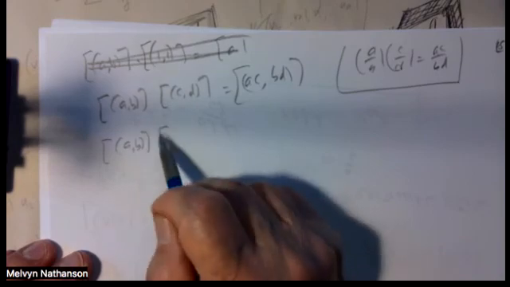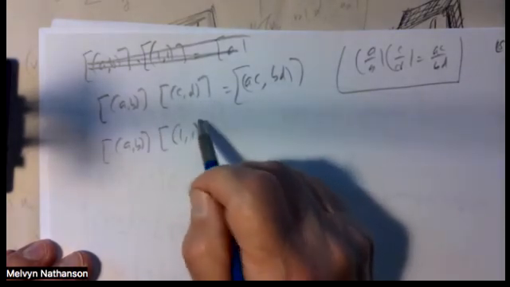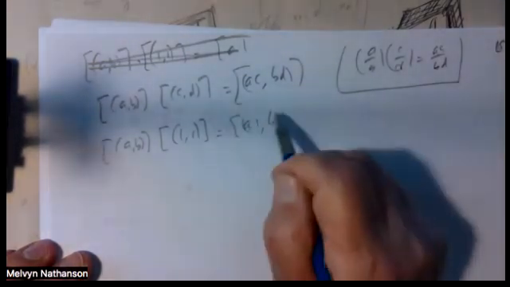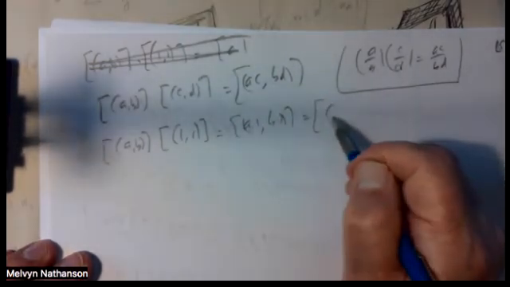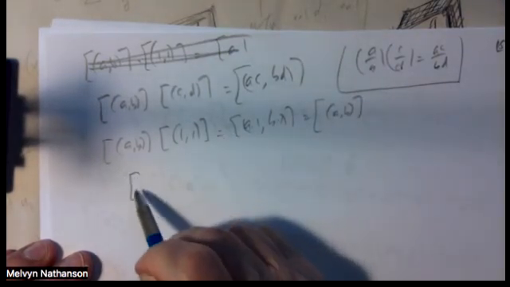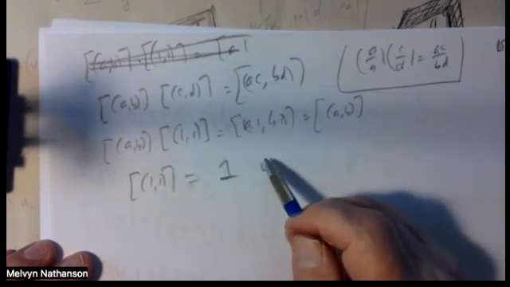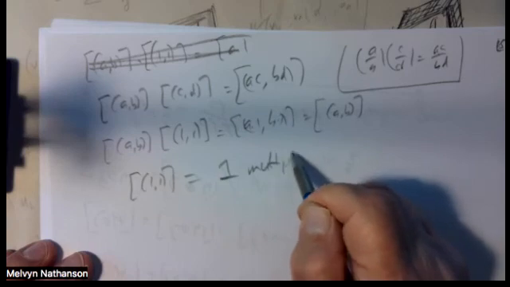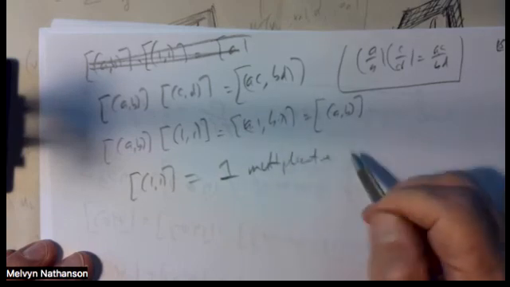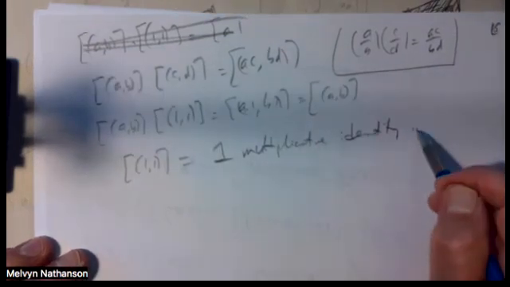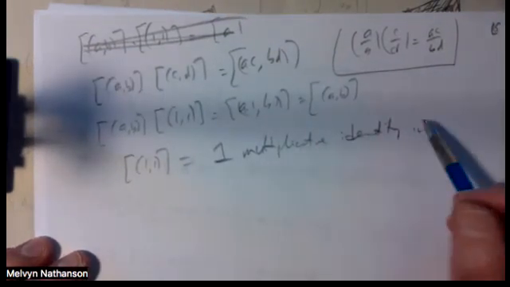And it follows that if I take A over B and multiply it by the congruence class of (1,1), I get the class of (A times 1, B times 1), which is just (A,B). So (1,1) is the unit, it's the multiplicative identity in this set of congruence classes.